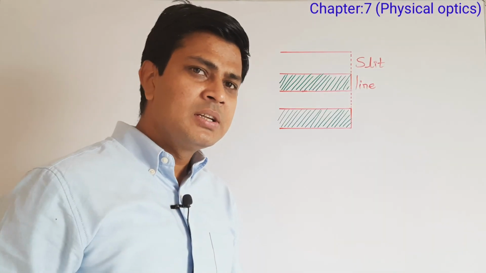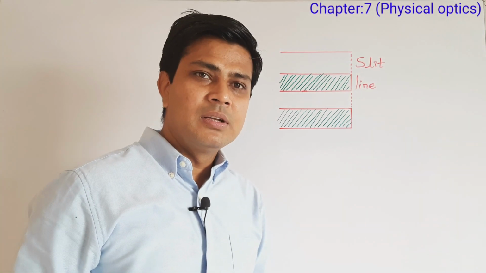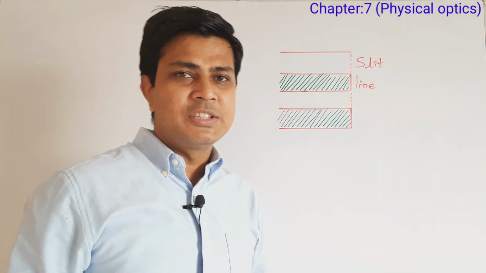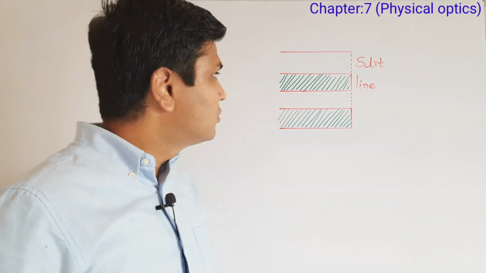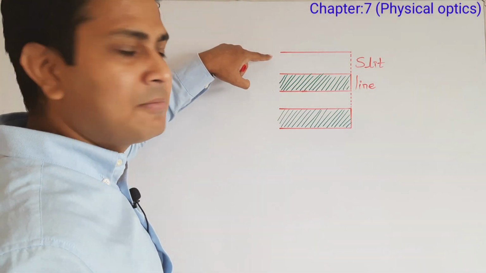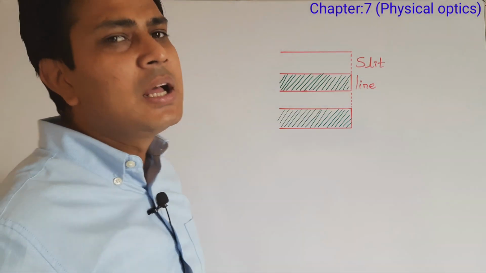In a grating, there are about 10,000 lines available and the width of the lines is 10 to the power minus 4 centimeter. From the slit, light can pass, and this is the line, and light cannot pass through the line.